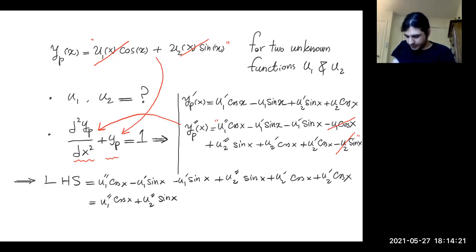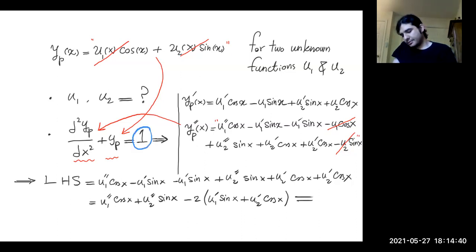And then we have minus 2 times u1 prime sine of x plus u2 prime cosine of x. And we want that to be equal to the right-hand side of our equation, which is simply 1. So this is the equation we want to solve to find u1 and u2.